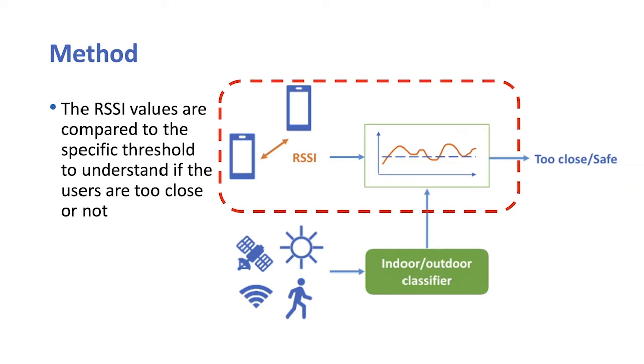Then, when the distance between two devices has to be computed, this is done by comparing the received signal strength indicator values with the specific threshold. Specific means depending on the type of the environment, so indoor or outdoor.